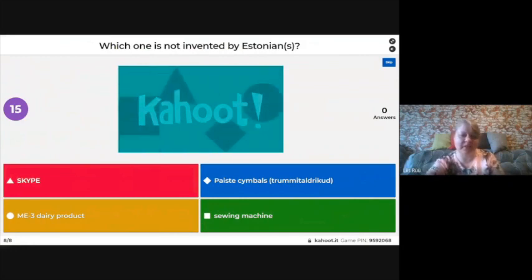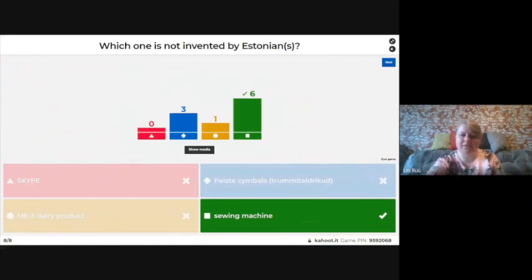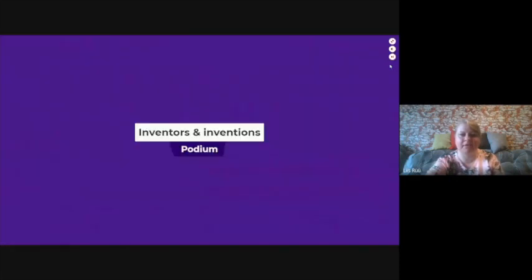Is it Skype, ME3 diary product, Byte the symbols, or sewing machine? I already told you some minutes ago about it, so the sewing machine is not invented by Estonians for sure.